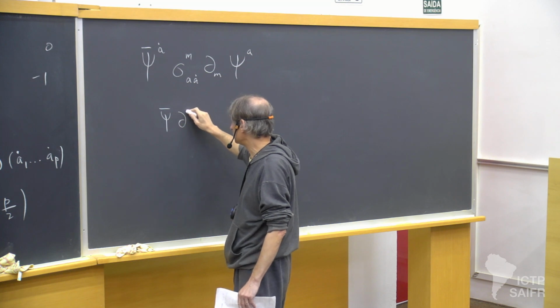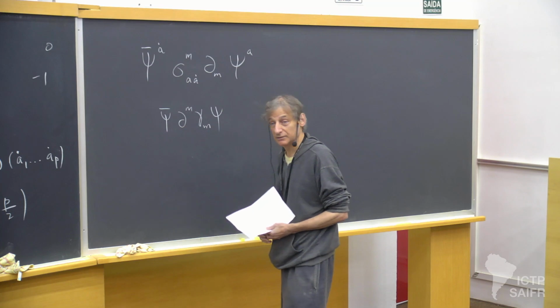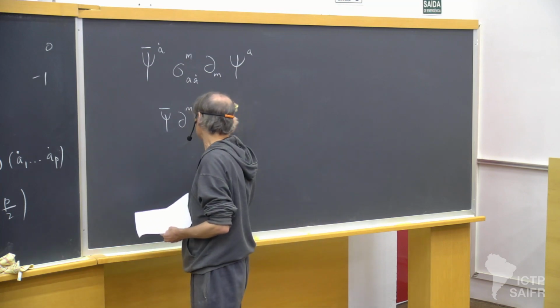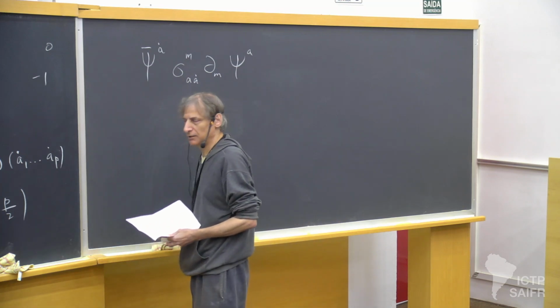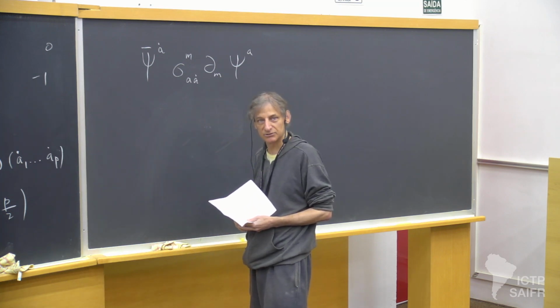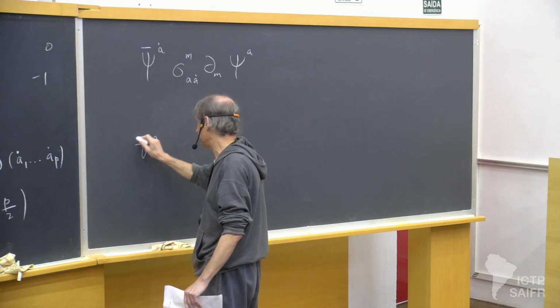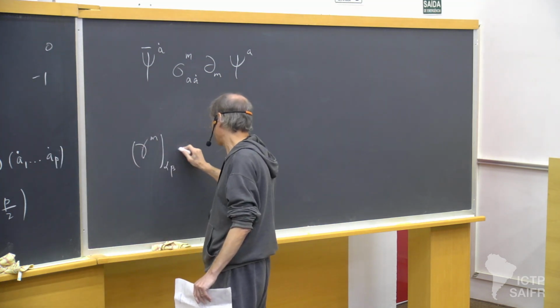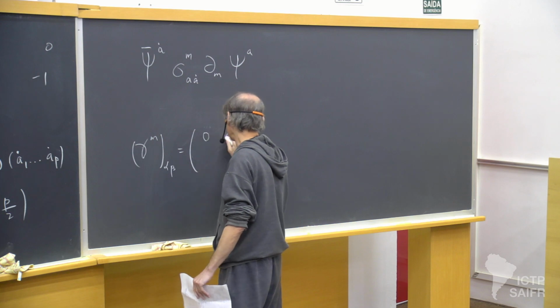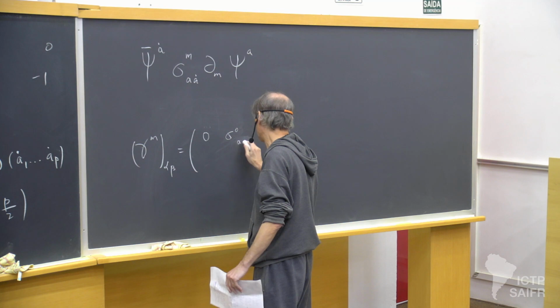So this, you saw something like this in, I don't remember what notation you used, but you probably used these gamma matrices, okay? So he made a statement at one point that the gamma matrix depends on the representation, what it looks like in terms of the, so now I can tell you what it is in terms of these. So gamma m alpha beta, A dot.